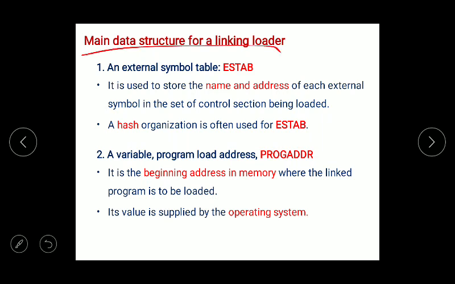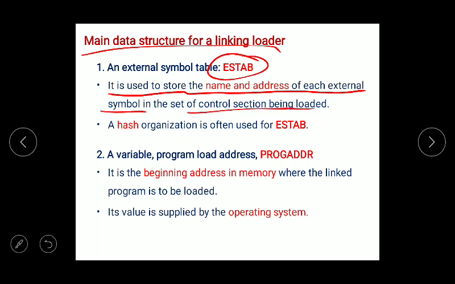These are the main data structures, very important. What are the main data structures for a linking loader? The first one is ESTAB, the external symbol table. E for external, S for symbol, TAB for table. It is used to store the name and address of each external symbol in the set of control sections being loaded.